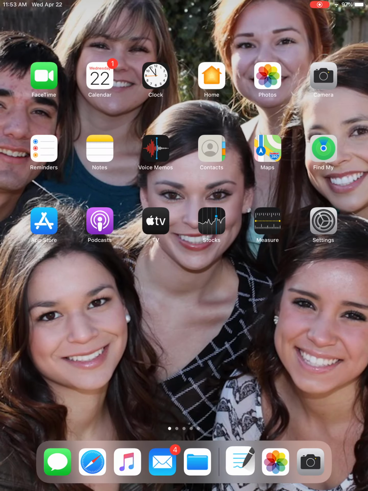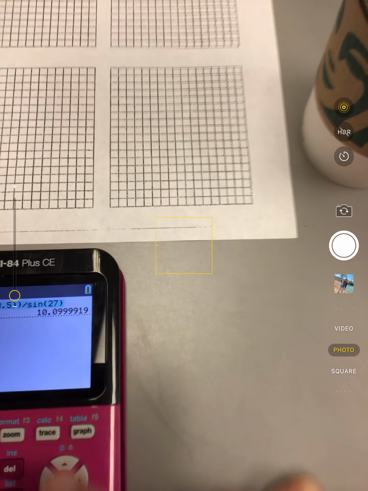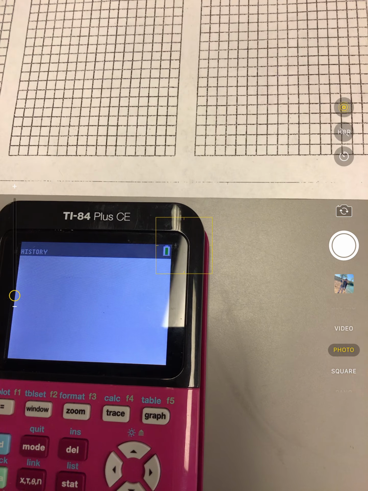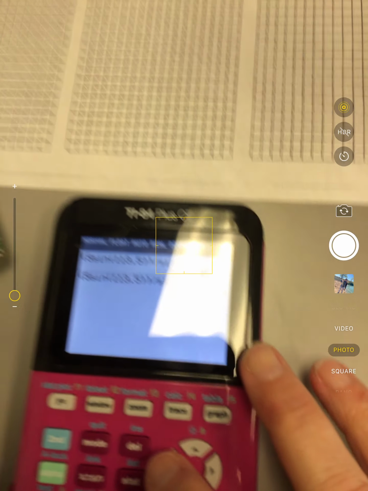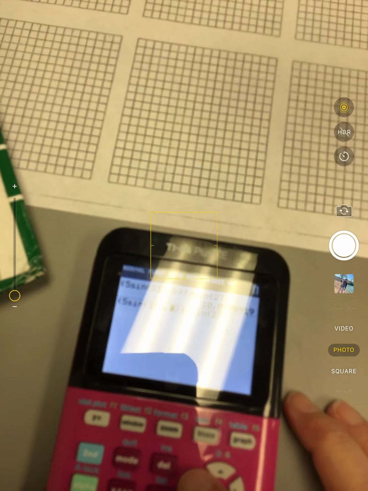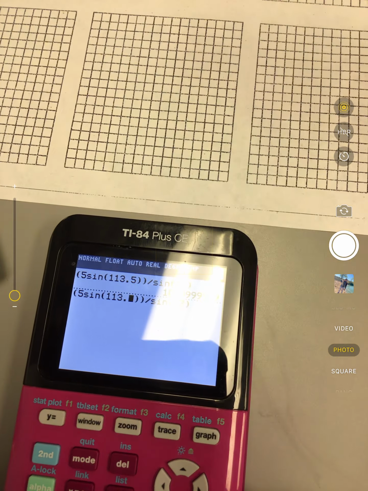This one could actually just go up in my calculator. I'll show you guys how I'm doing this. If I go up in the calculator, hit enter, go up to this line to where it's green, bring it down again, and I can actually just go over and change the angle to what I need it to be, which was 12.5, I believe.